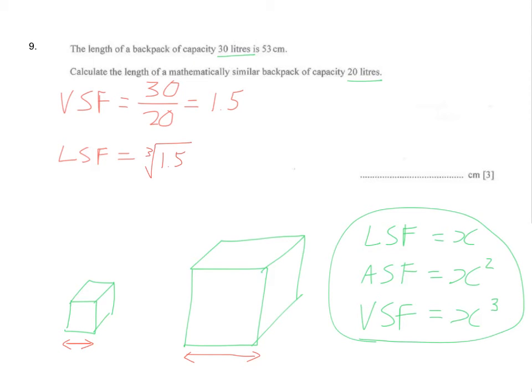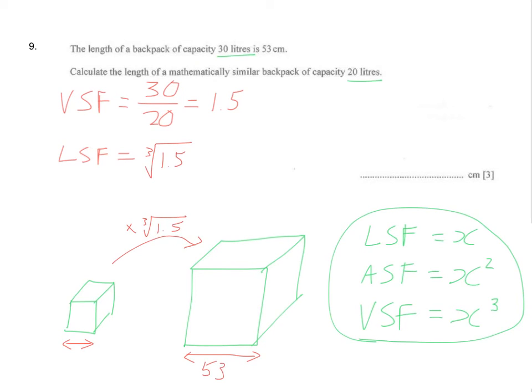So that means that to get from my smaller one to my larger one, I need to multiply by the cube root of 1.5. To go back the other way, let's use this as an example. I know my linear scale factor is multiplied by the cube root of 1.5, and I know this length is 53.